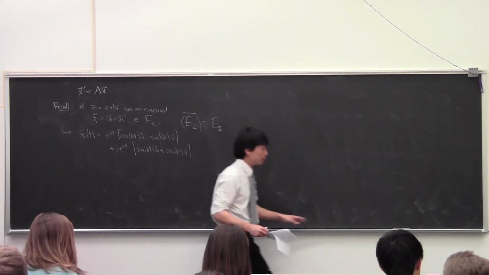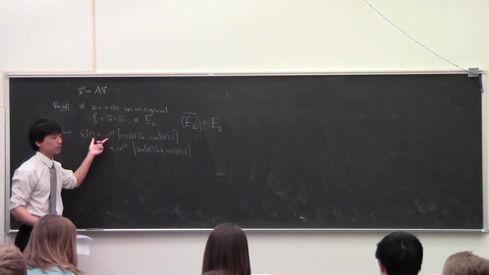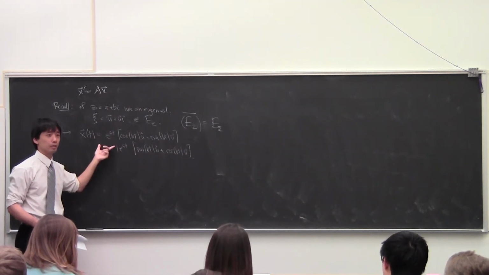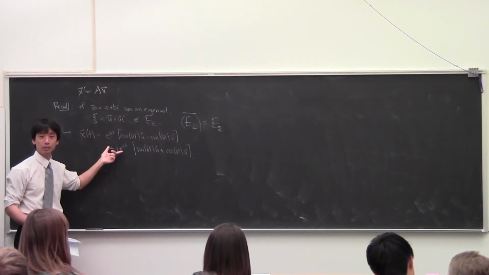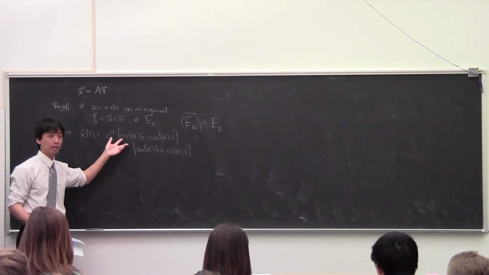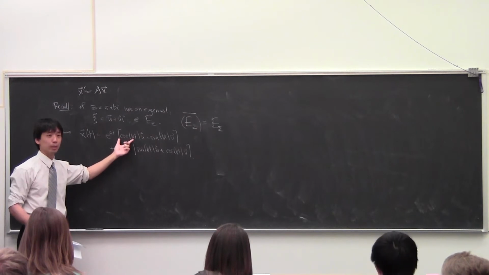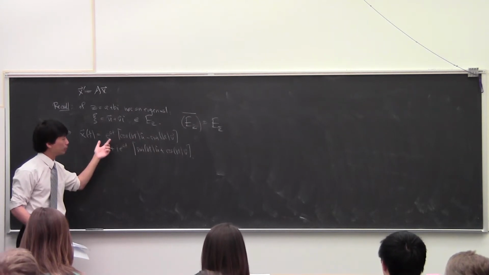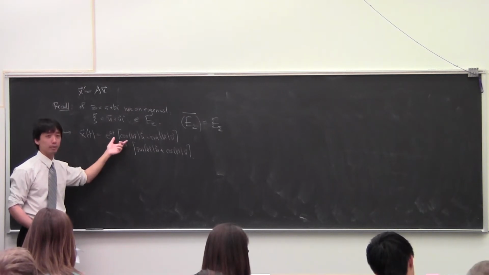And so what was good about that was that, well, if this was a solution, then its conjugate was a solution, right? And then you can add them together. When you add two things that are conjugates of each other, you just get twice the real part. When you subtract guys that are conjugates of each other, you get 2i times the imaginary part.